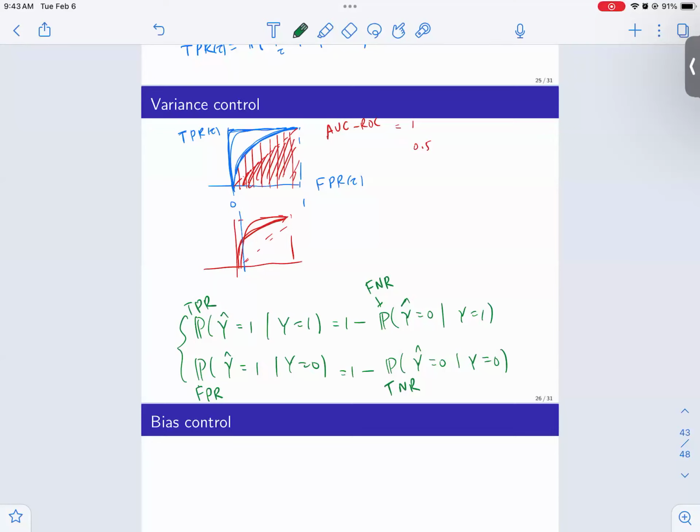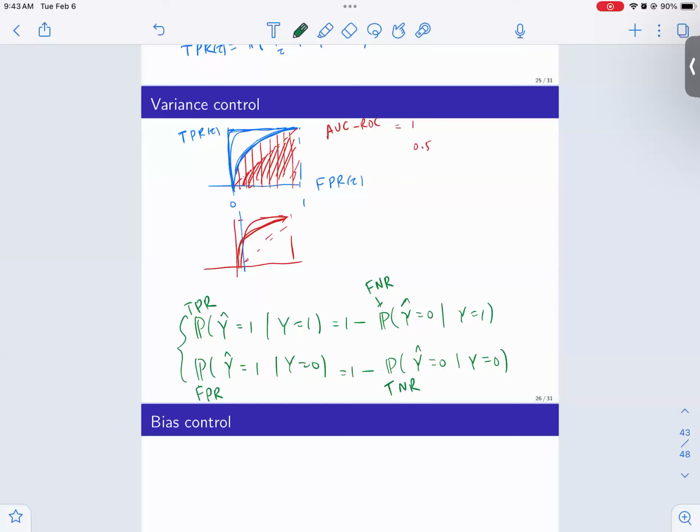Basically, given these, what would be the risk? Let's say the classification will give you these numbers: false negative rate plus false positive rate. But that wouldn't work, because potentially this would be 2, since the probabilities are close to 1. So there's a slight tweak.